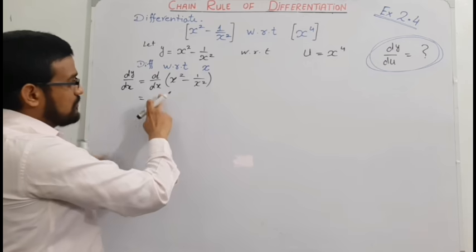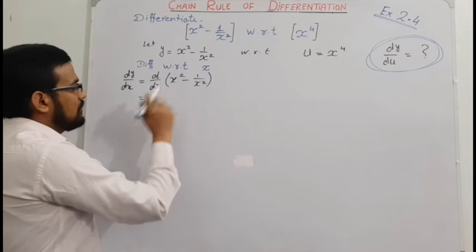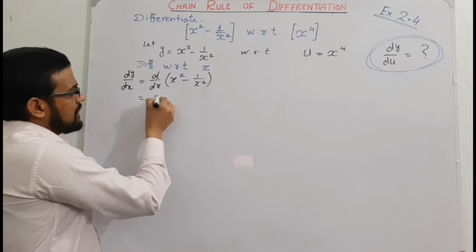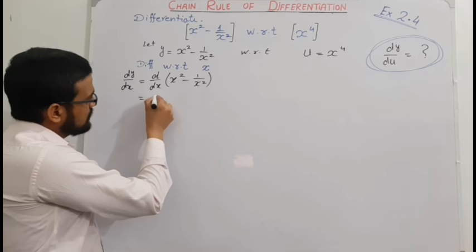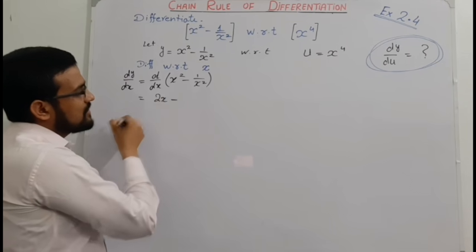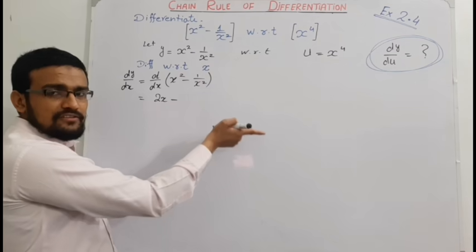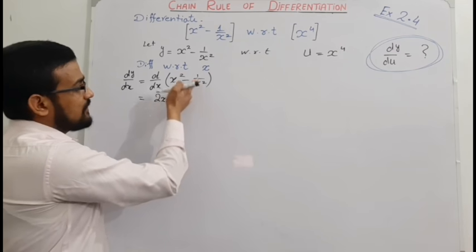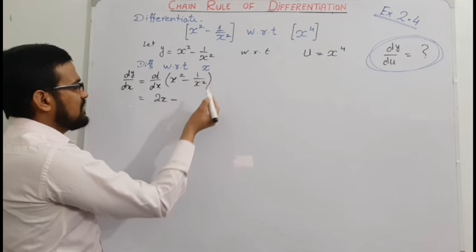According to the power rule, as in all previous questions, the derivative of x square is 2x minus the derivative of 1 over x square. In a previous question I already discussed that if it is in the denominator, it becomes a numerator with a negative power.